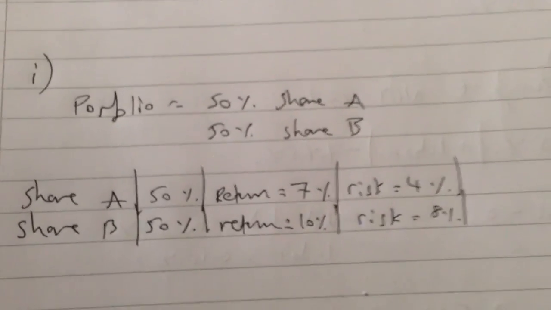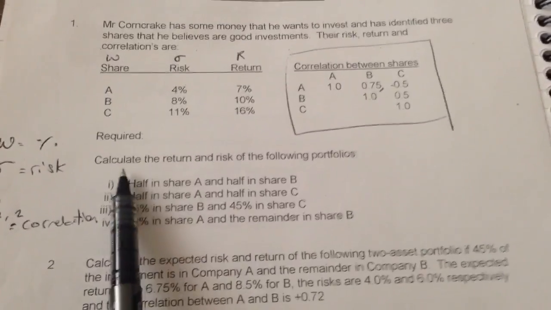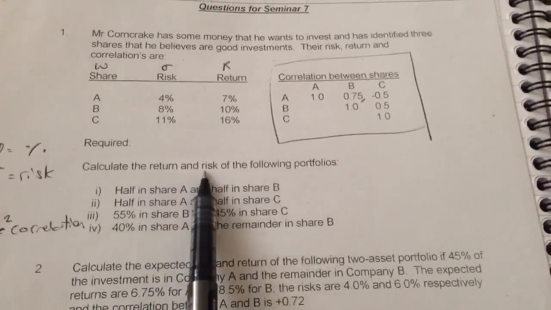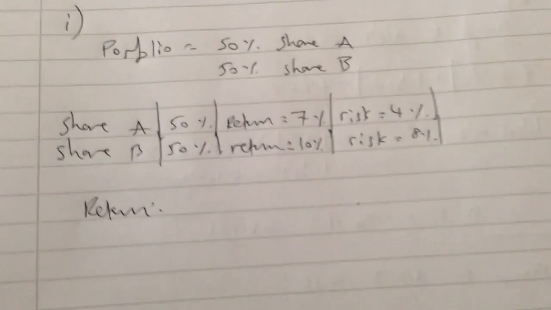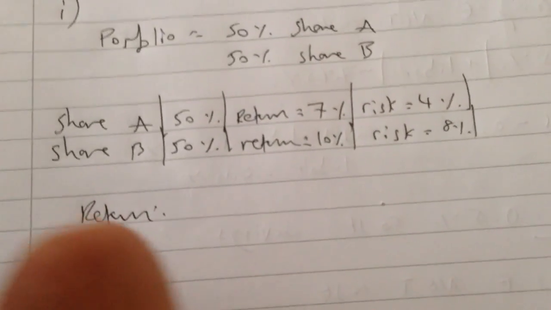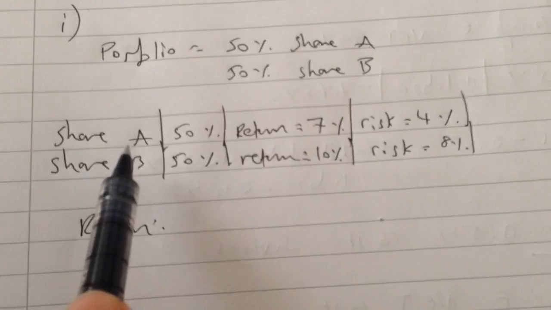Okay, so in the question, the first thing they want us to work out is to calculate the return and then calculate the risk. So our first bit is the return. We know the formula: the weight of our first share, share A, is 50%, so 0.5.